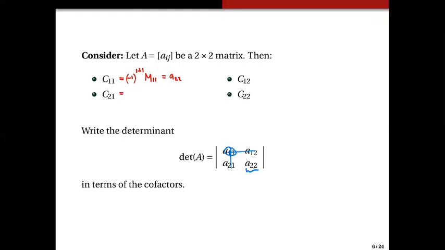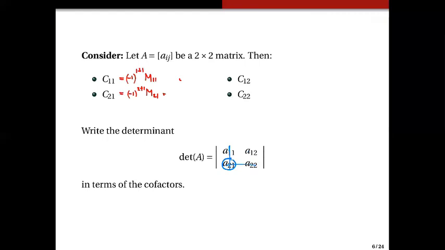Similarly, for C21, you have negative 1 raised to 2 plus 1 times M21. So second row and first column. This time we delete the first column and the second row, and we are left with A12.